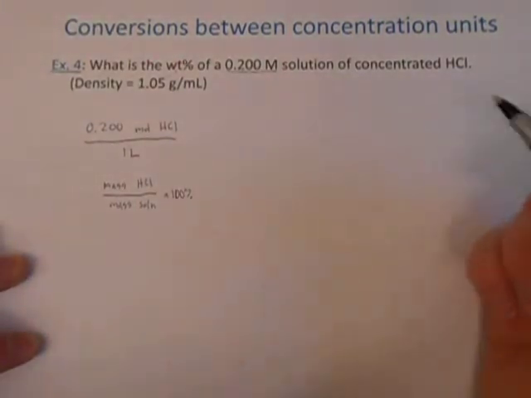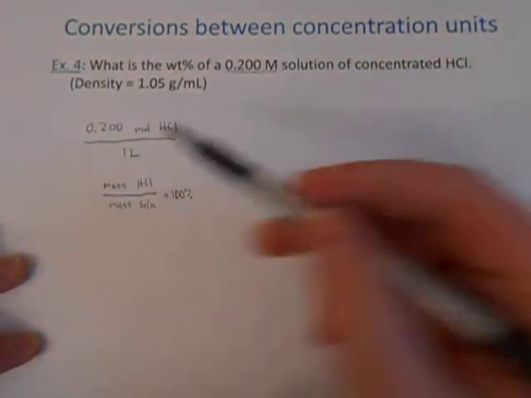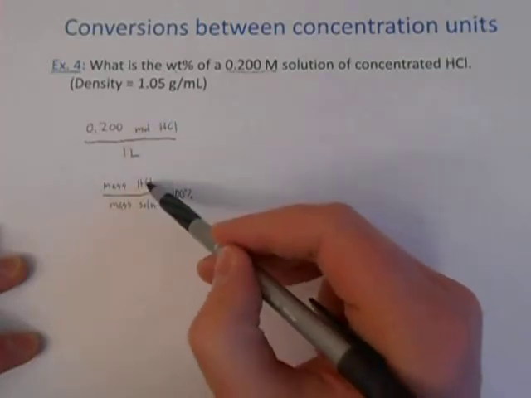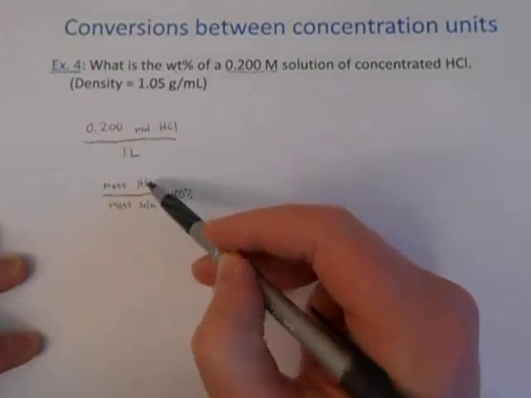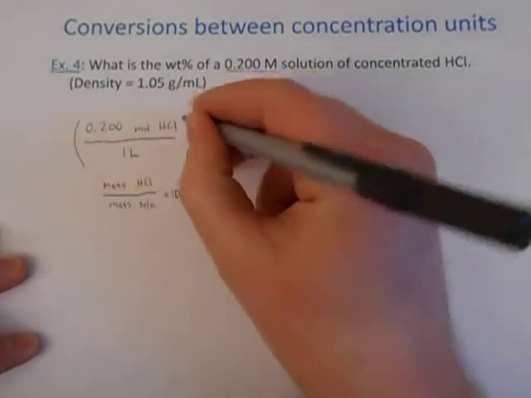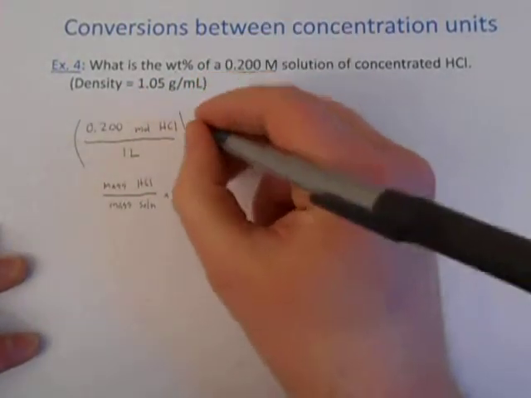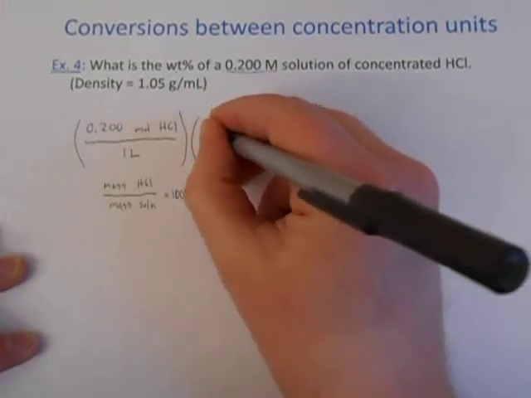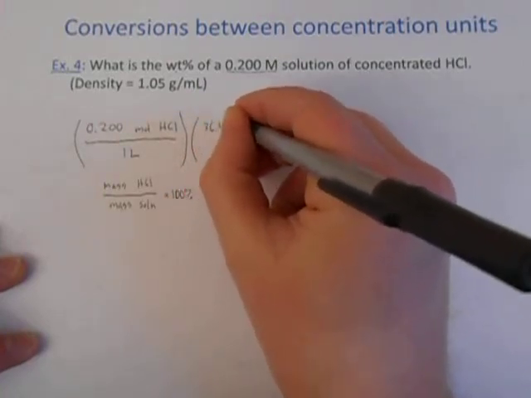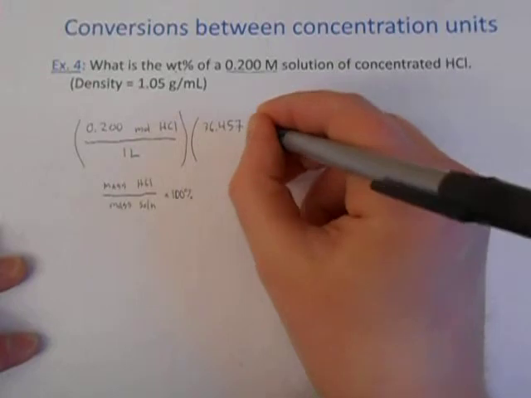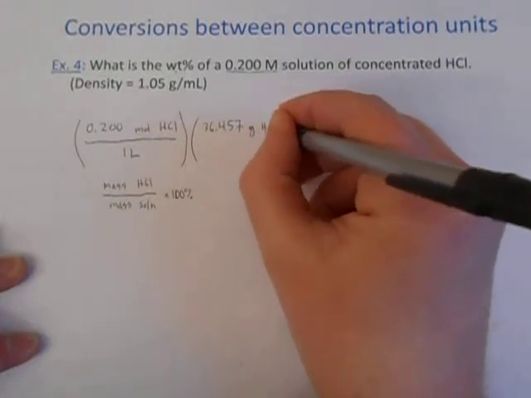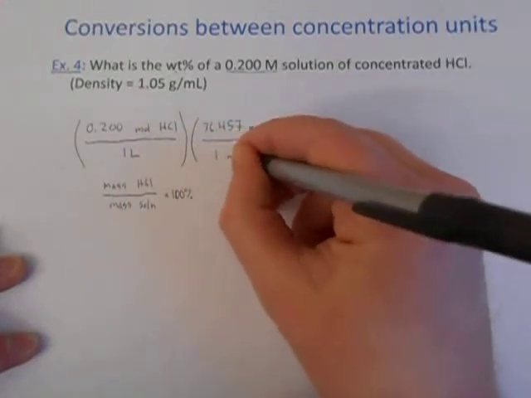So again, just think of it as a double unit conversion. First we'll convert from moles into mass for HCl. And so we could quickly calculate the molar mass of HCl, which is 36.457 to be exact. Grams of HCl per every 1 mole of it.